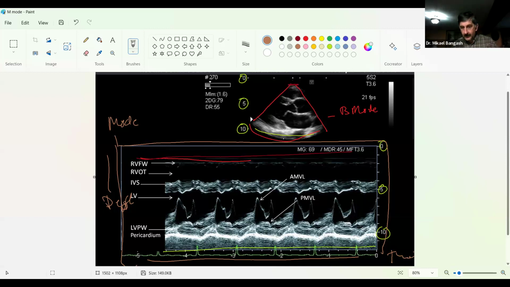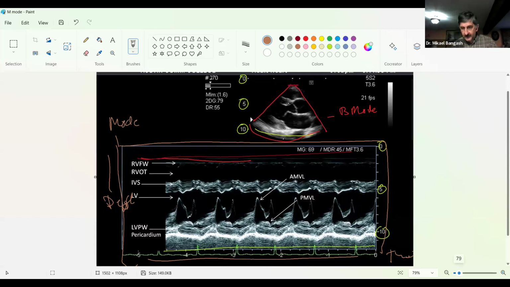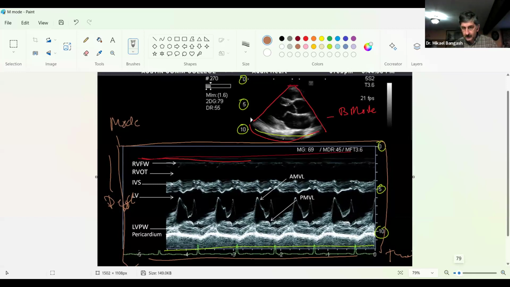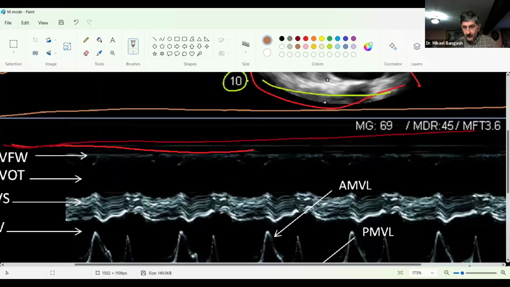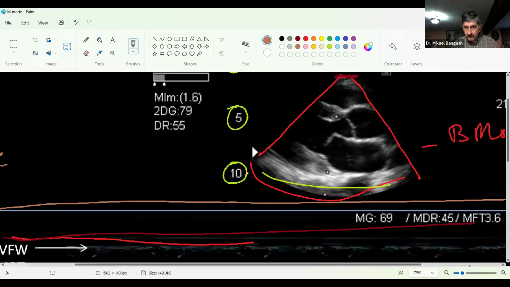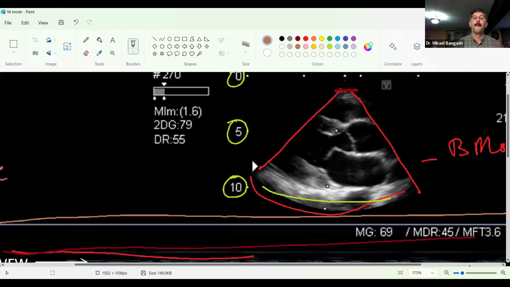Now, guys, what I mean is, I'm just going to zoom in on the B mode for one second. This here was just our regular B mode.